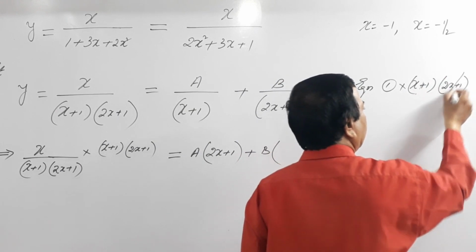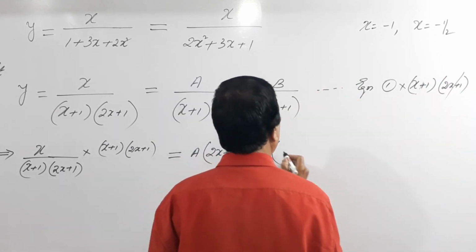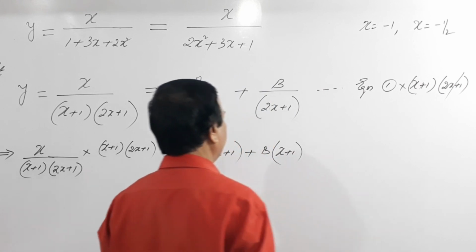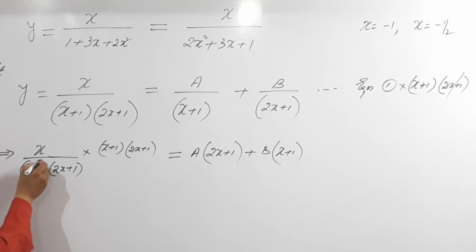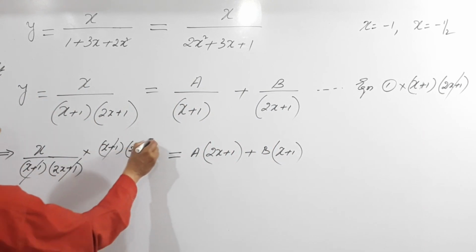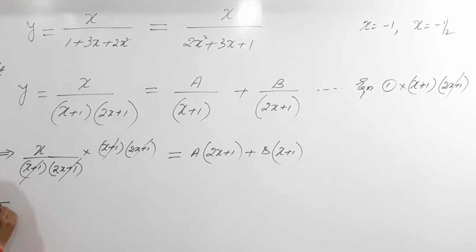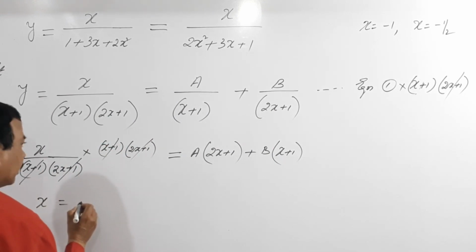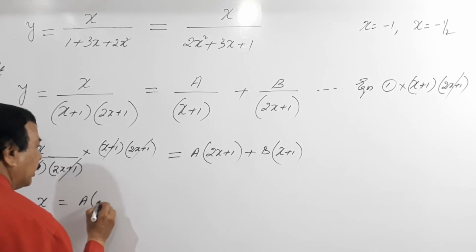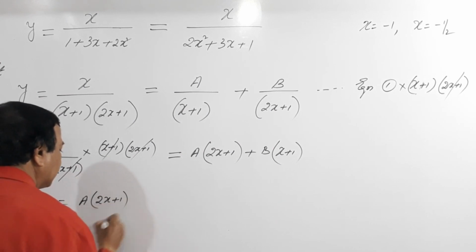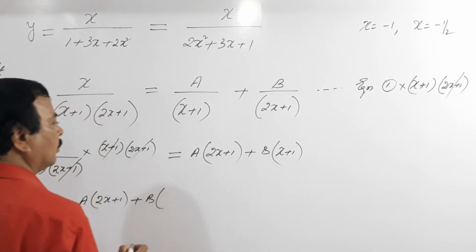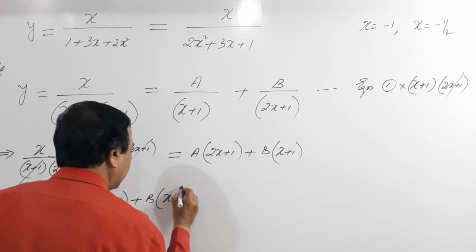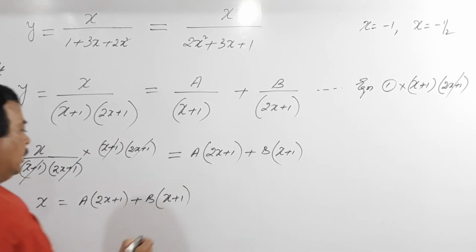This 2x plus 1 and this 2x plus 1 cancel, and we are left with x plus 1. So what happens here? This cancels, this cancels. What we have is 1 equals to A into 2x plus 1 plus B into x plus 1. I call this equation 2.